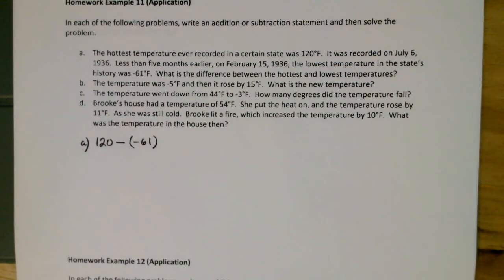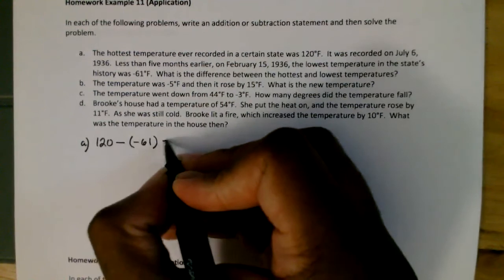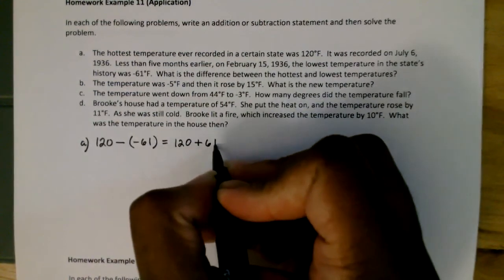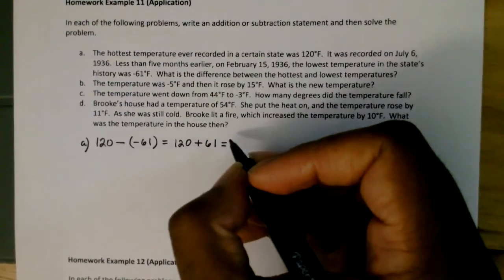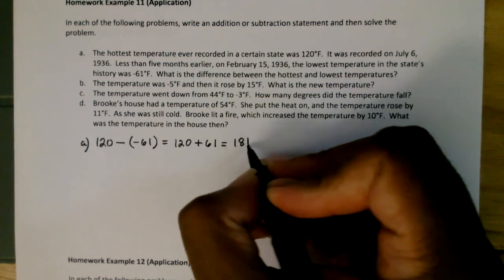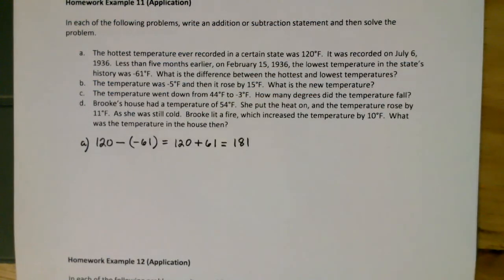So that's our subtraction statement, 120 minus negative 61. Subtracting a negative 61 is the same as 120 plus 61, which will end up being 181. So the difference between the hottest and the lowest temperature is 181 degrees.